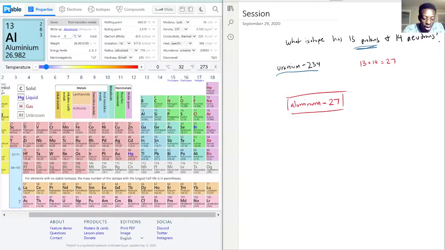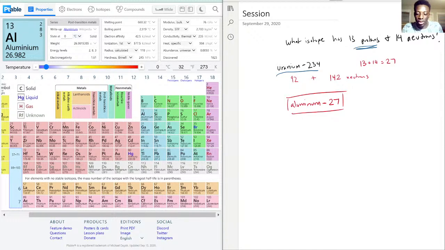In fact, if you compare with that uranium example they gave us, uranium is 92. That is its number on the periodic table. So if we subtracted 92 from 234, you would see that it had 142 neutrons, and these two would add up to 234.